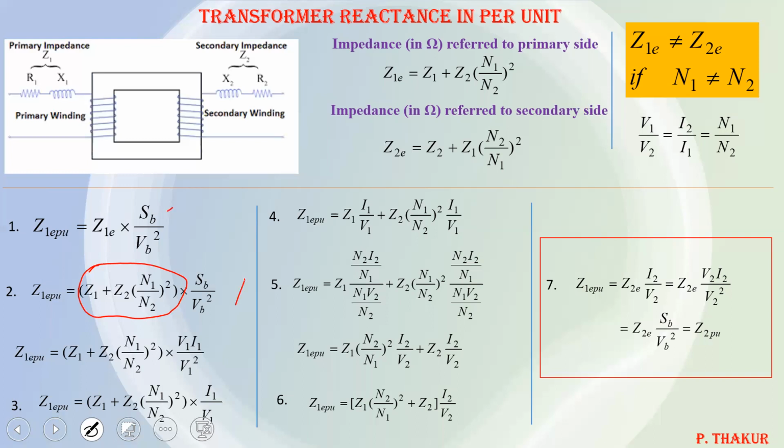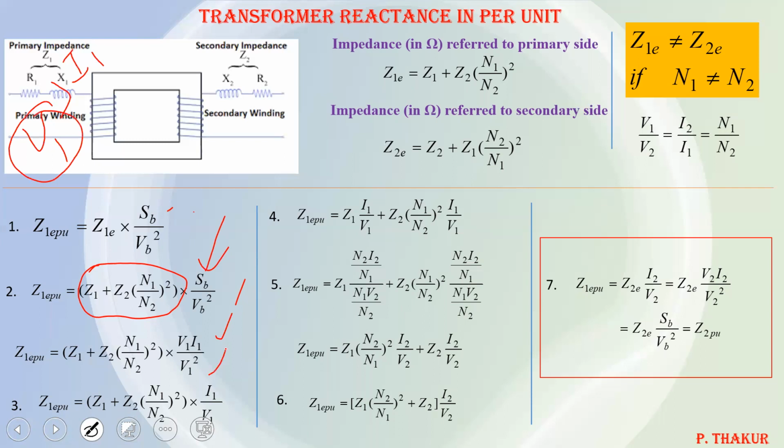Now, the important thing, what is SB? SB is the volt ampere base and VB is the voltage base, which you will have to take from the rating of the machine. If primary voltage is V1 and primary current is I1, then for the primary side, SB will be V1 into I1 and the voltage base will be V1.